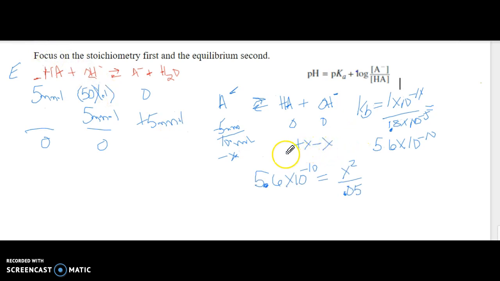So we set this into your equilibrium. Your Kb value equals x squared over 0.05, and that's coming from simplifying this. When we simplify that, x is going to be, excuse me, 5.3 times 10 to the negative 6. And this time, that is an OH concentration.